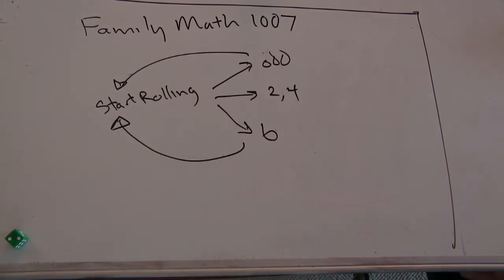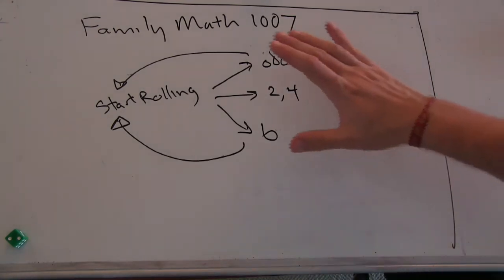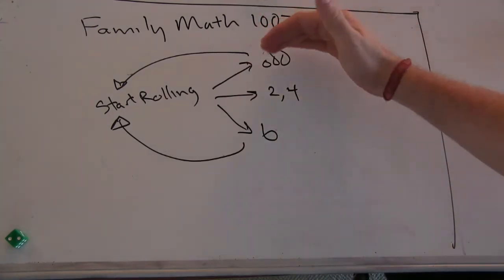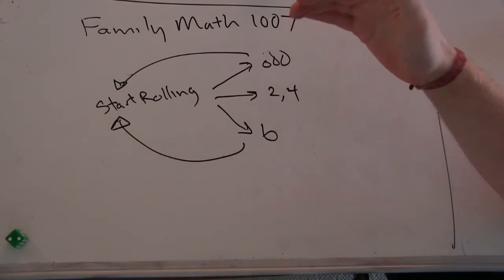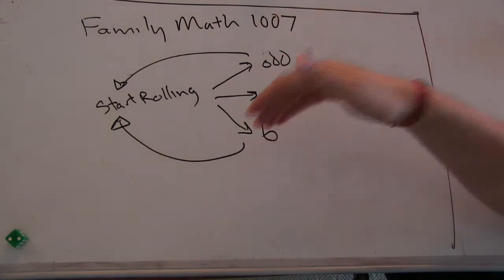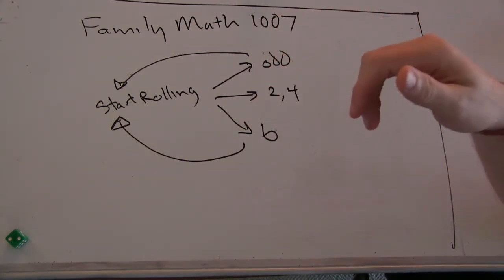We didn't draw it out this clearly, but we did notice that in the program we wrote, anytime you get an odd number, start over. Anytime you get a 6, start over.